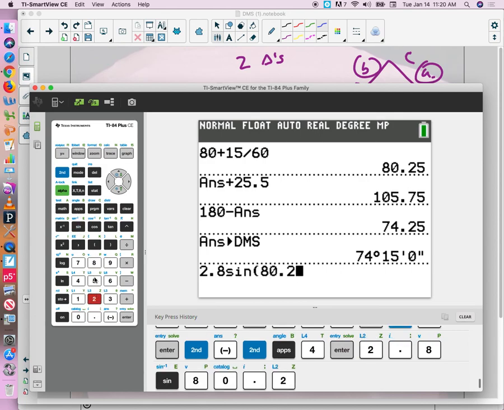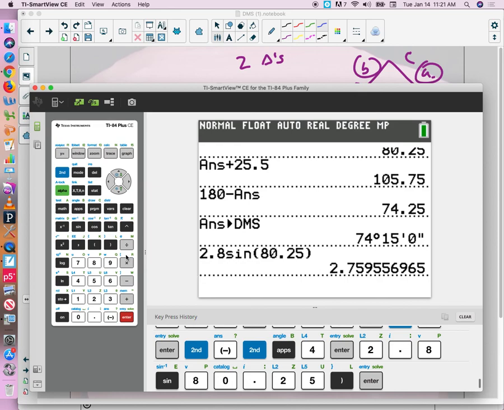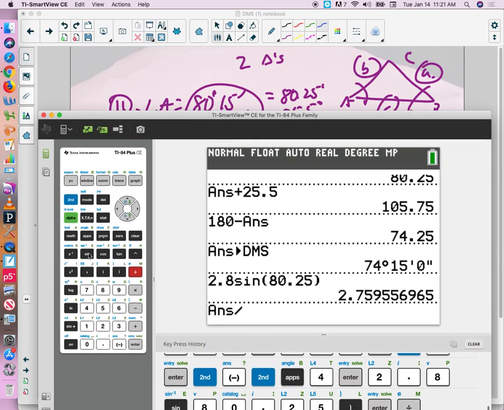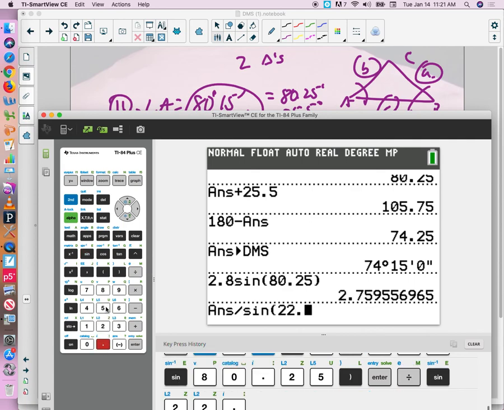If it was a long decimal, you could have stored it or gone up there and grabbed it. Don't round it off yet. And then I'm going to divide that by the coefficient of a, which is going to be sine of 25.5.